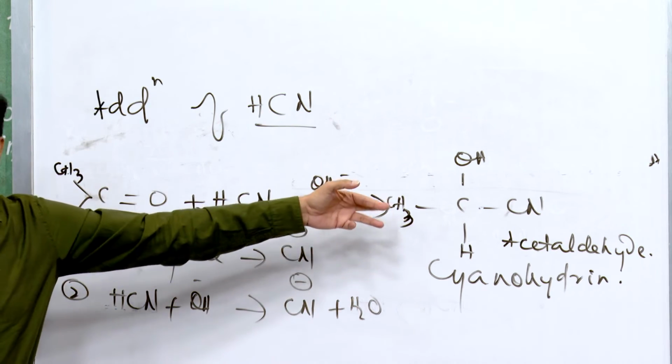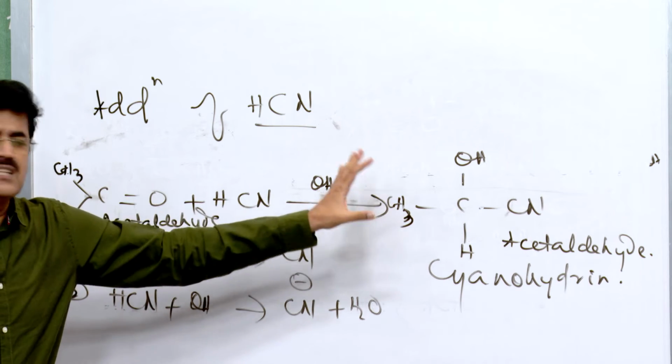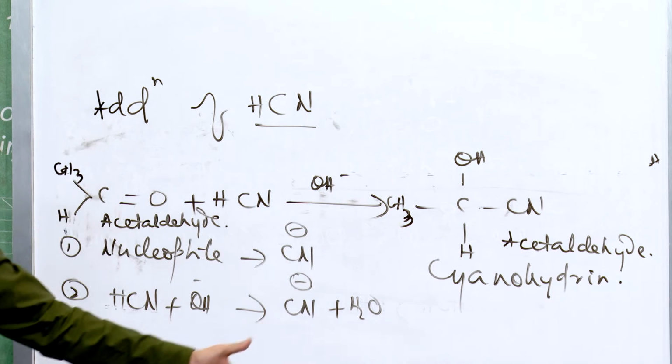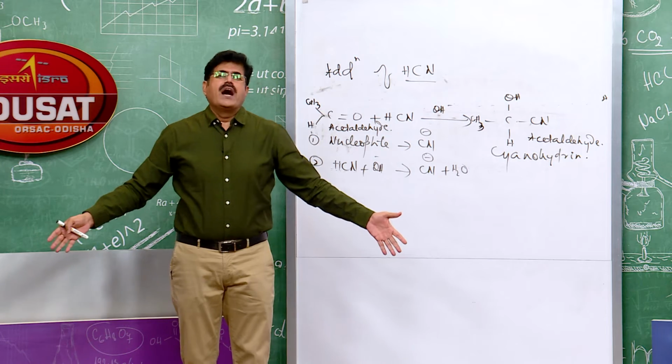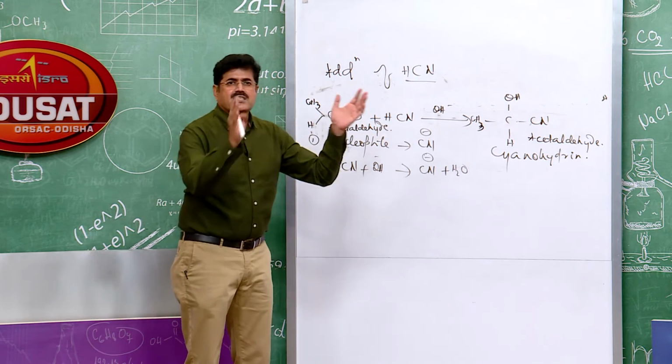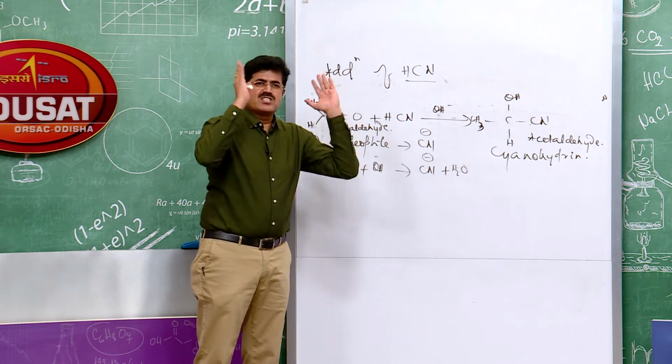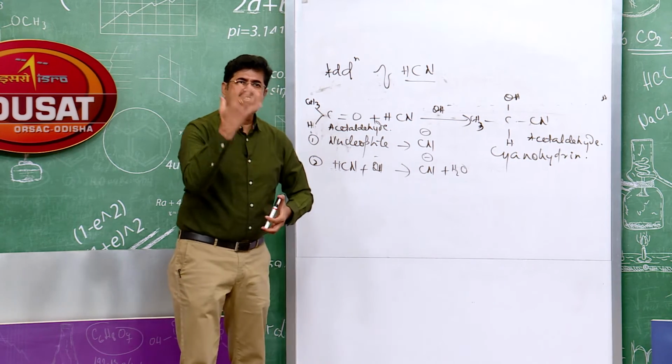You see, the product does not rotate plane polarized light at all. Why? Because it is a racemic mixture.